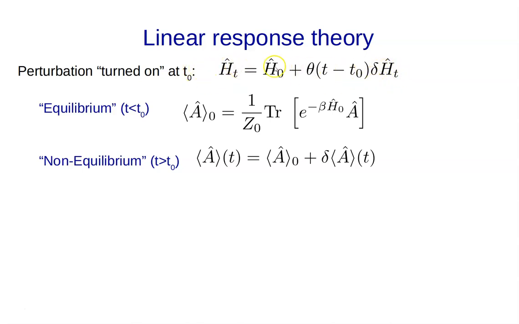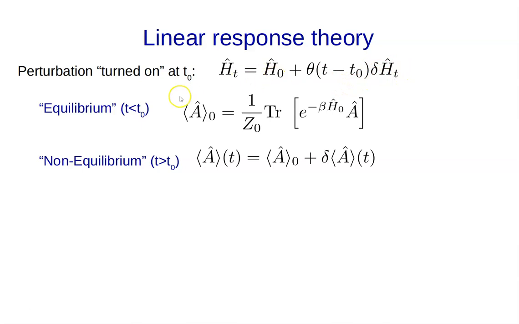So what's going on here is that the Hamiltonian then will be time dependent for the system. Before T0, there was only H0, and there was the Hamiltonian of the system. But after T0, for T larger than T0, then the whole Hamiltonian is this H0 plus this delta H.